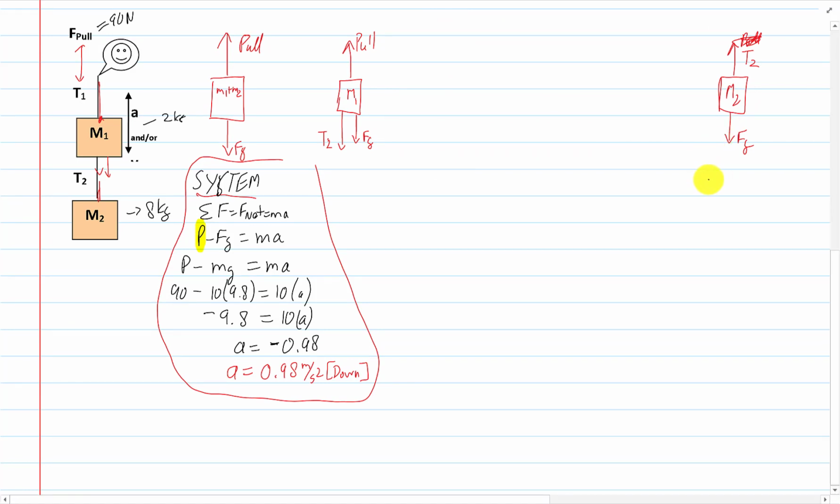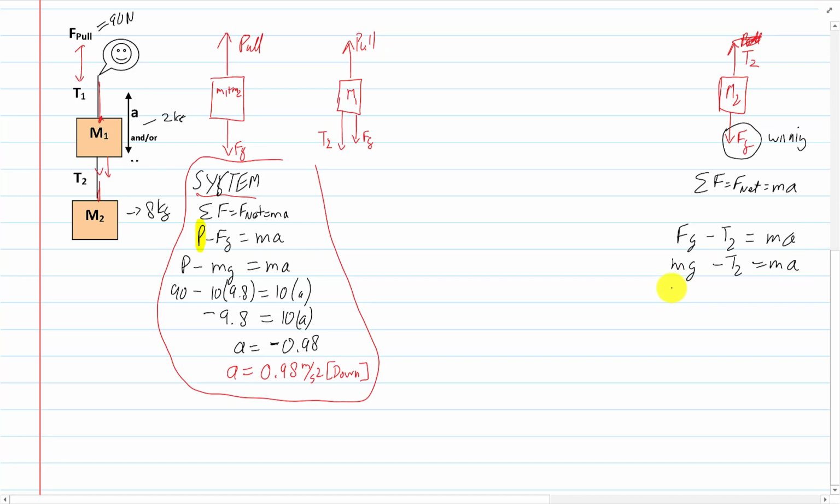This guy has a sum of the forces equal to F net, which equals MA. And that's going to be, oh, it's going down. I'm going to say this one's winning, because then I now know the force of gravity minus T2 is equal to MA. And the force of gravity is mg minus T2 is equal to MA.